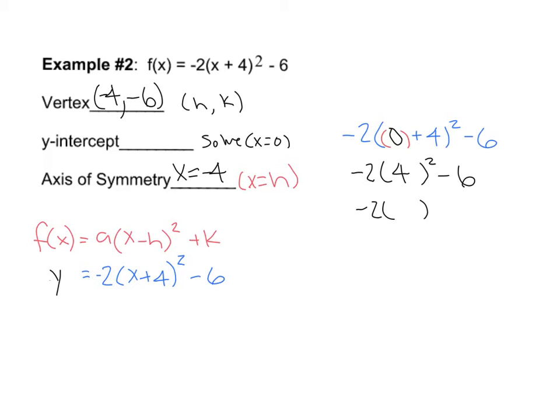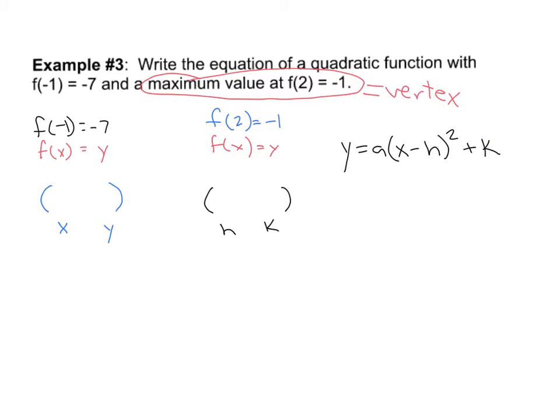So -2 times 4 squared, 4 times 4 is 16, minus 6. When we do -2 times 16 and then take away 6, we should end up with -38. So we can write our answer as (0, -38).